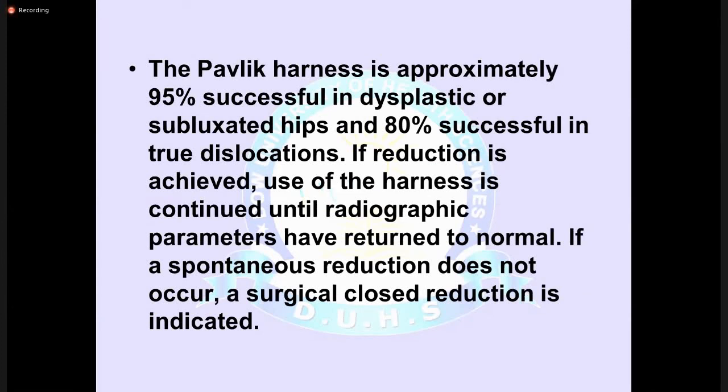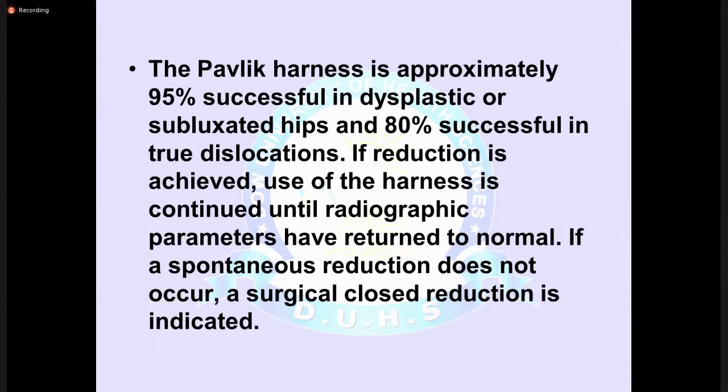The pelvic harness is approximately 95% successful in dysplastic and or subluxated hip joints, and 80% successful in the true dislocation. If reduction is achieved, use of the harness is continued until radiographic parameters have returned to normal.